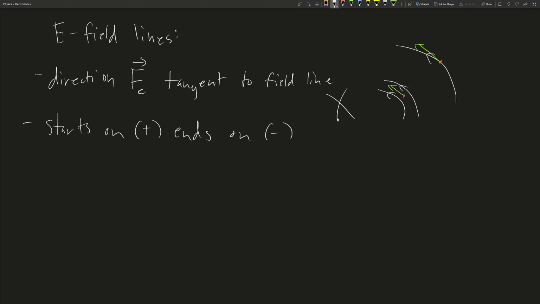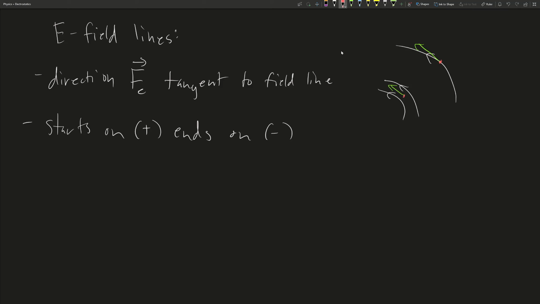So you can never have field lines that cross like this. Why not? If you think about this point right here, since field lines represent the direction of electric force, if you have a charge at this point, you can't have a force that's going in two directions at once, which means that they can never cross.